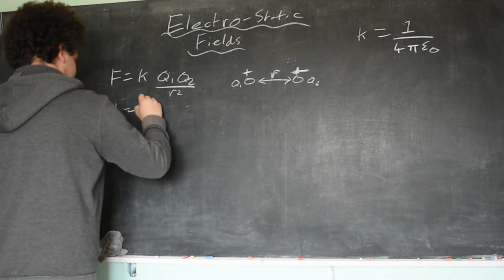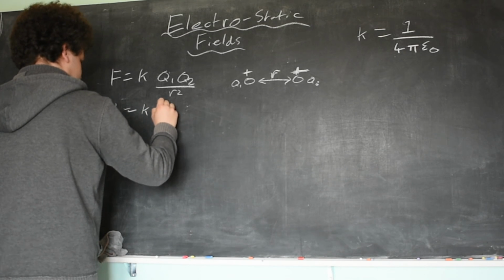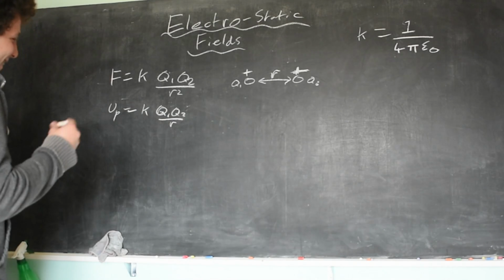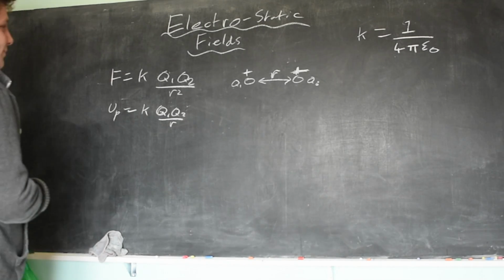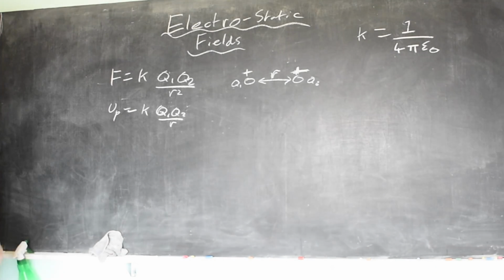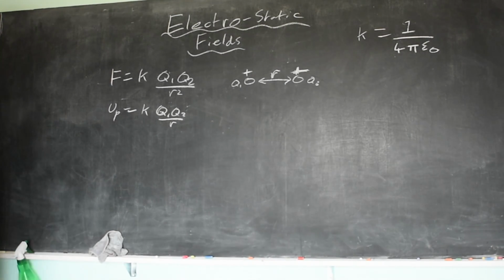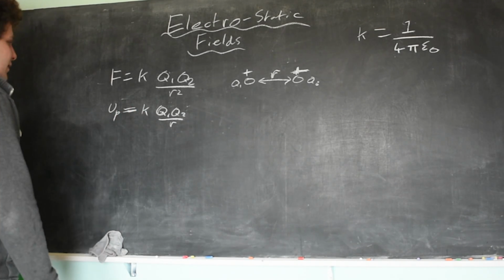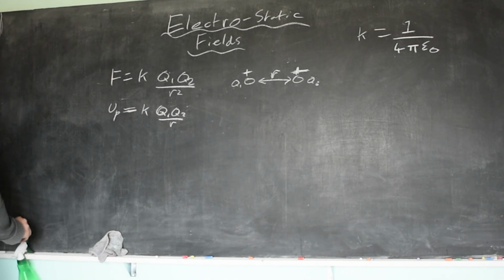Then you have the potential U of the two charges. The potential is basically the same equation, just times r. The potential is the potential energy between the two charges.